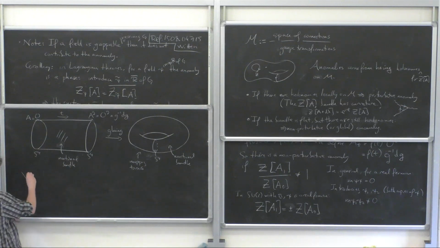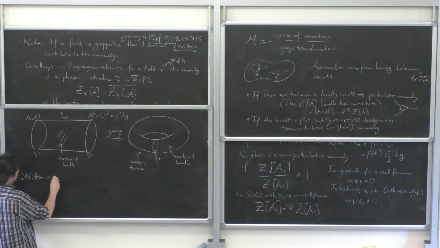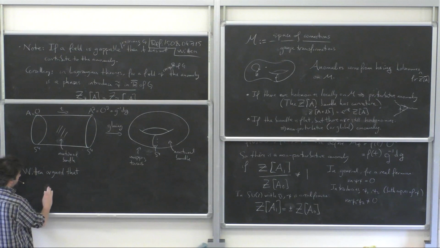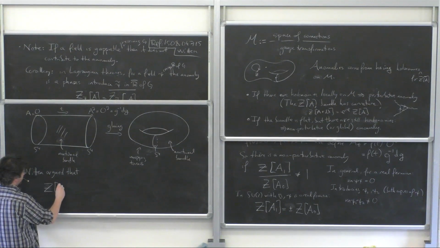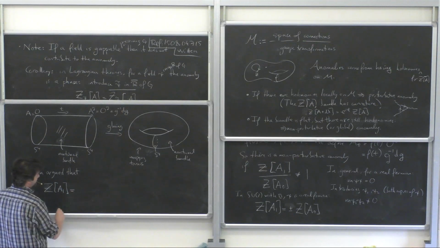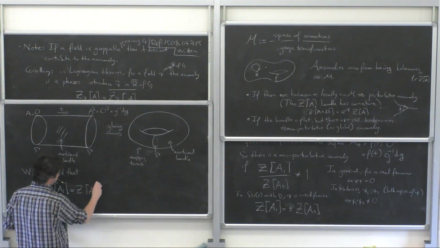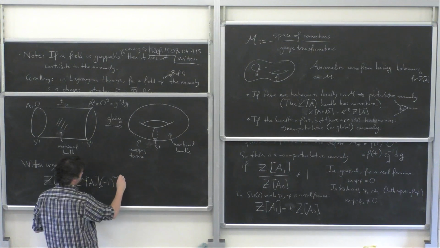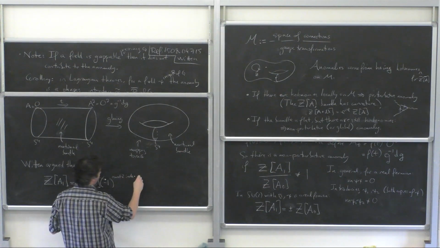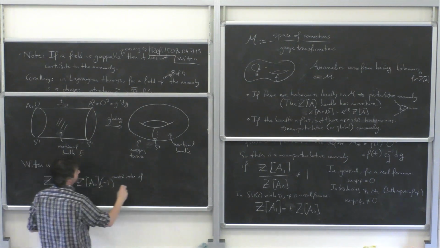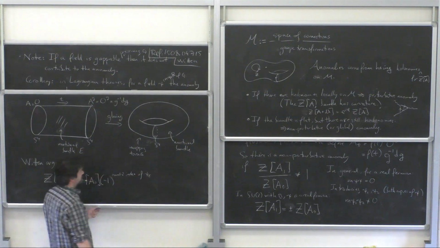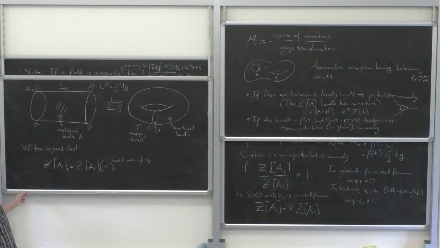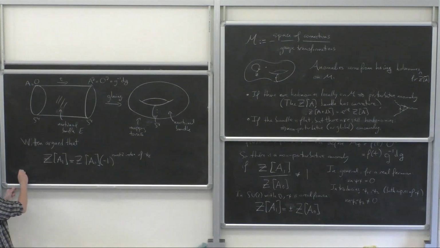So Witten argued that the sign, so like this, the partition function of A1 is the partition function of A0 times minus 1 to the mod 2 index of, let me call its name, of phi coupled to E. Right, so what's the mod 2 index?